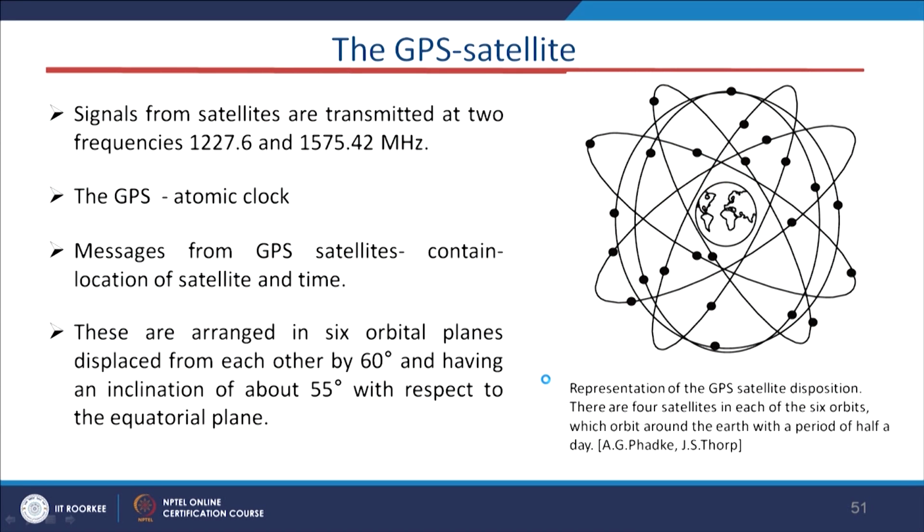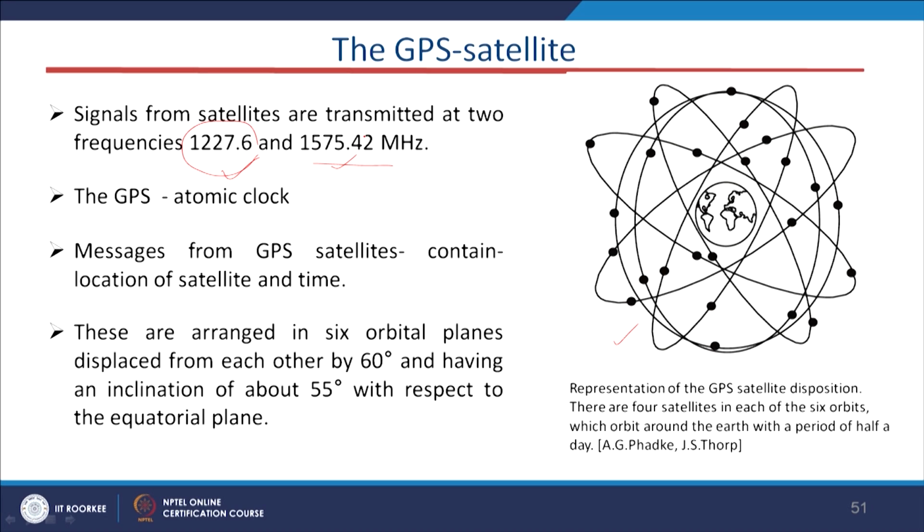We have already discussed GPS, which basically transmits 2 frequencies. The first one is 1227.6 and the second one is 1575.42 megahertz. These 2 frequencies are transmitted by the GPS technology.